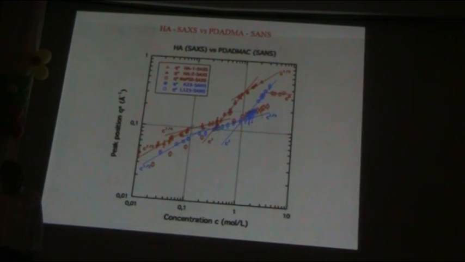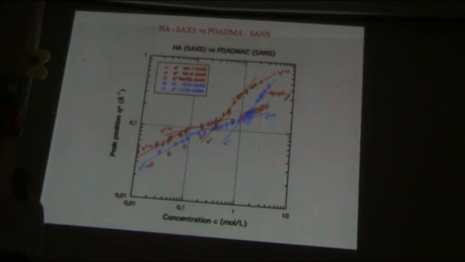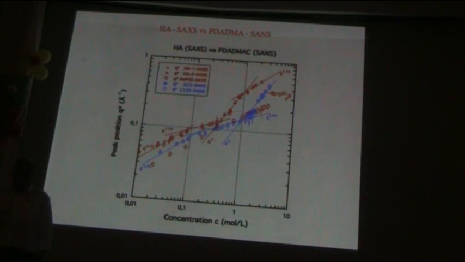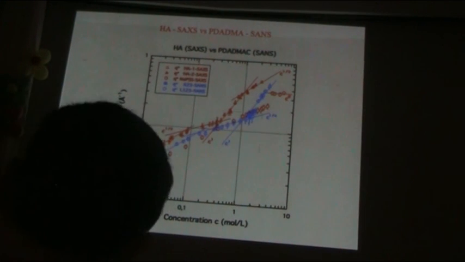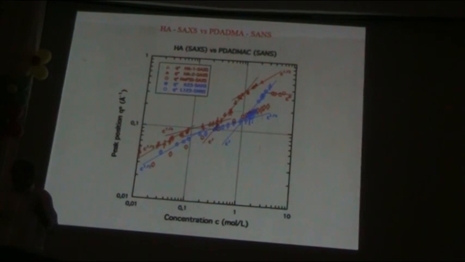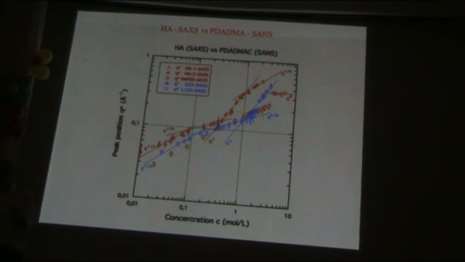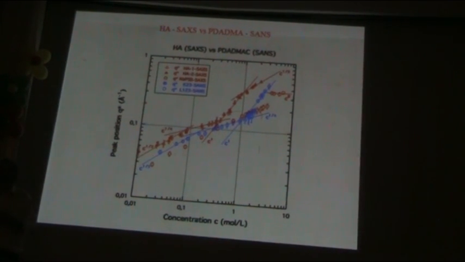That's an experimental result. I have not looked to understand more, but I think that could be related to the ionic radius, but it's not enough. You cannot explain all by the difference in the ionic radius between sodium and hydrogen. My only explanation is that you have some additional H bonding effect.